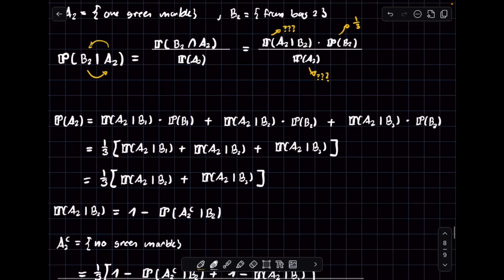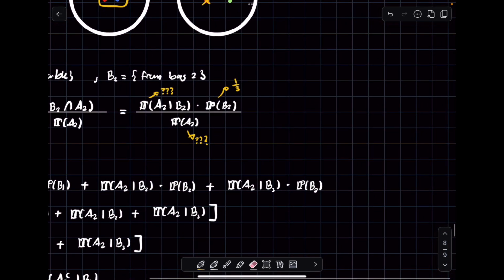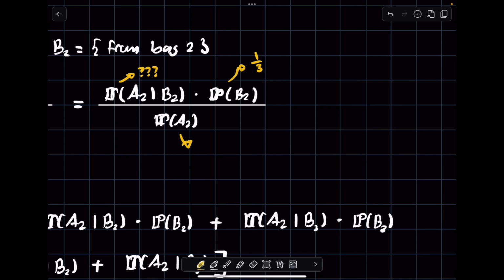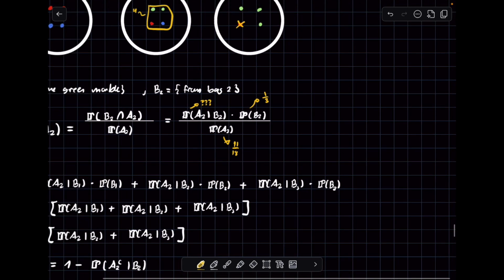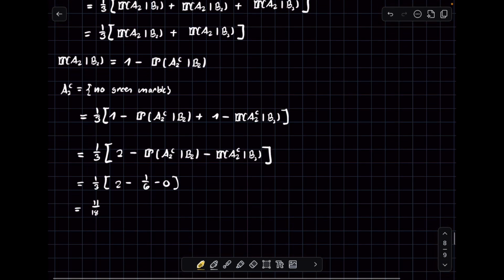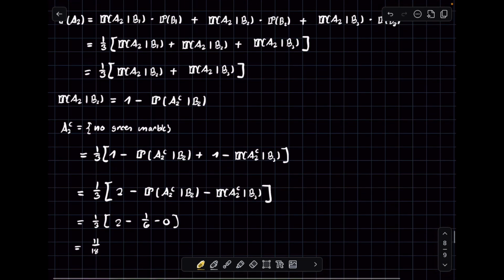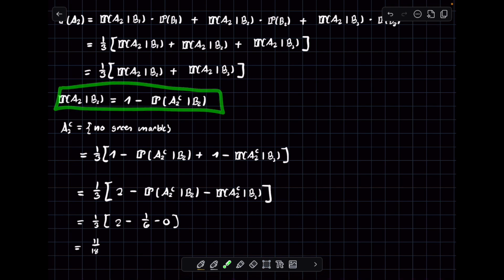And we go back to the original formula. Okay, we know for a fact this is 11/18, right? But now we don't know the probability of us getting one green marble from bag 2, right? Given that we chose bag 2, what is the probability of us getting at least one green marble? In this case, we already found it actually, because we have it over here, and this is going to be basically the same as 1/6.